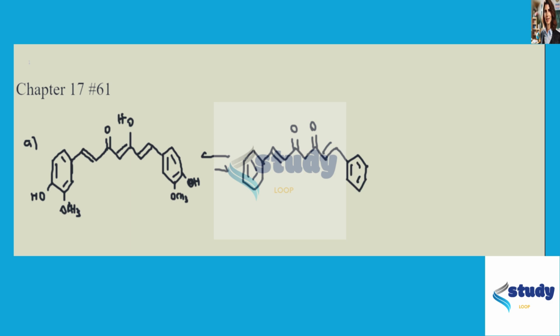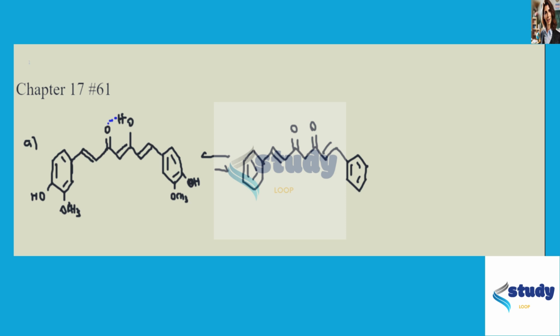Okay, so here's the keto form, which we were asked to draw. There are a couple of reasons why the enol form is unusually stable. We get intramolecular hydrogen bonding here between the carbonyl oxygen and the hydroxy hydrogen.